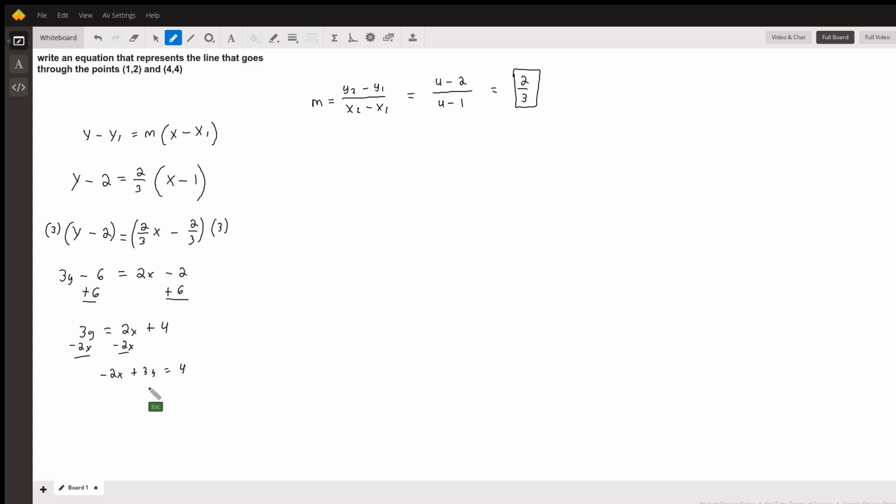In standard form the coefficient of the x term has to be positive, so we're going to divide both sides by negative 1 to give us 2x minus 3y equals negative 4. So that is going to be the equation of this line written in standard form.